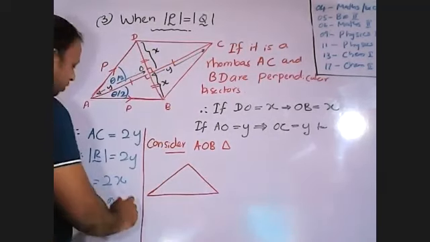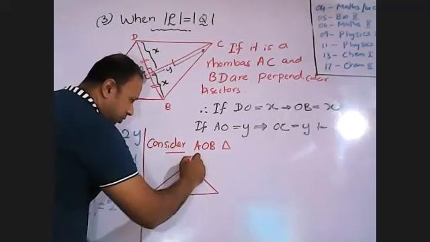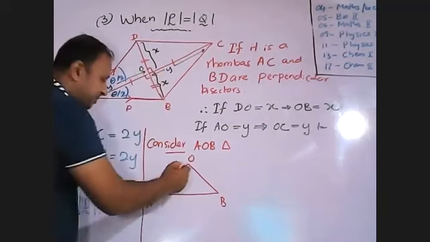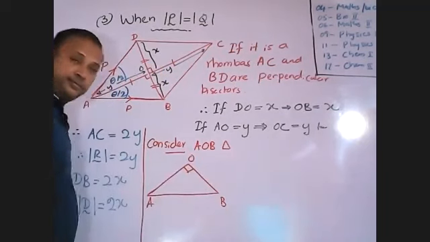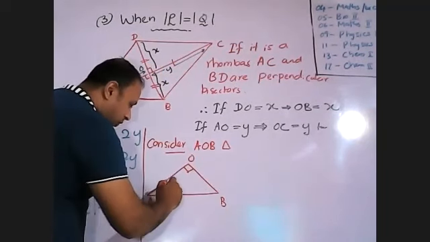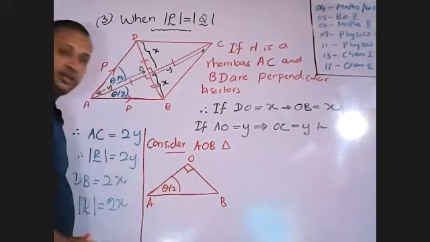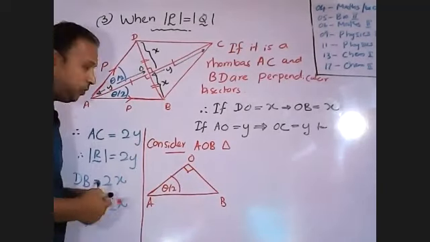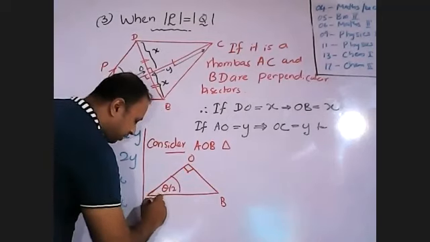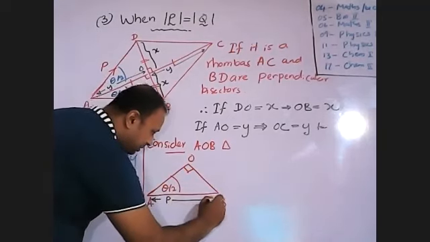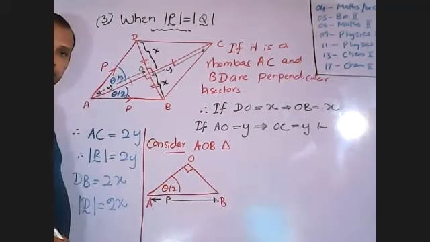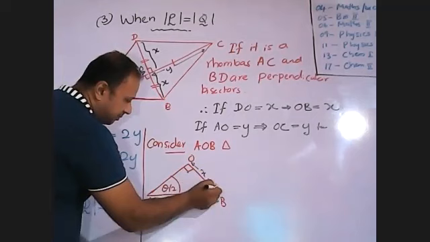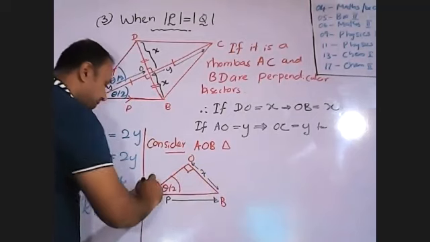If I extract AOB triangle, this angle is 90 degrees. This one is theta over 2. This one is theta over 2. This side, AB side, is equal to P, no? It is equal to P. This side is equal to X. This side is equal to Y.